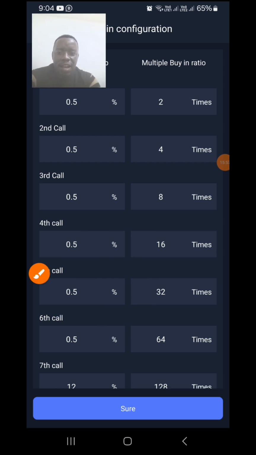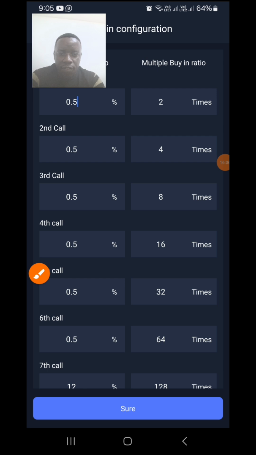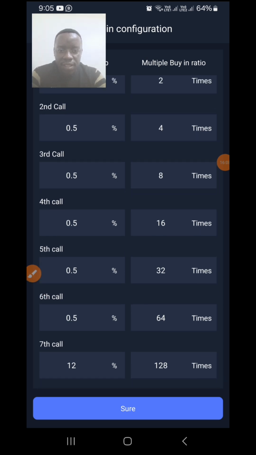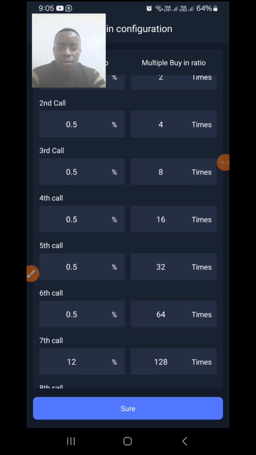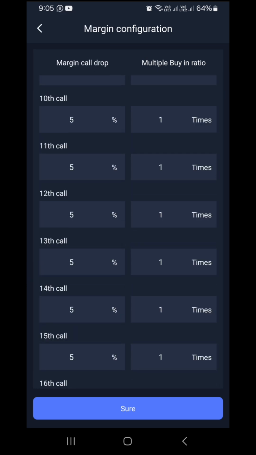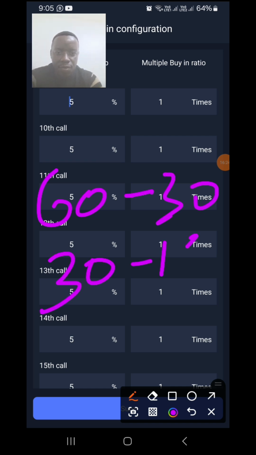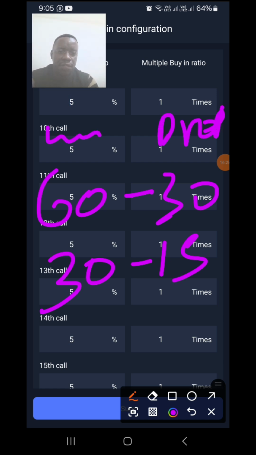So I want most of our capital to be in negative 15 first. The first 30 margin calls hold the 15 drop. Remember, we are having 60 margin calls, and the 60 margin calls have 30 drops. So the first 30 margin calls have 15 drop.